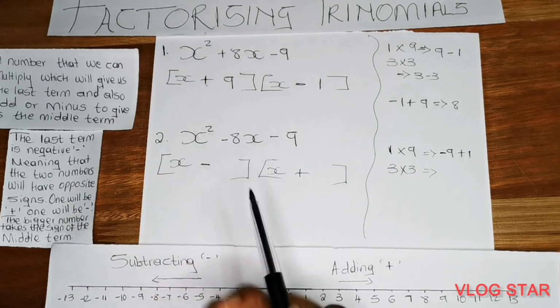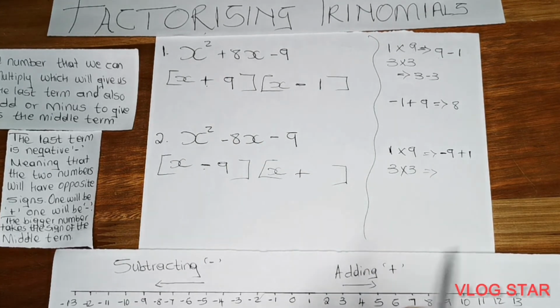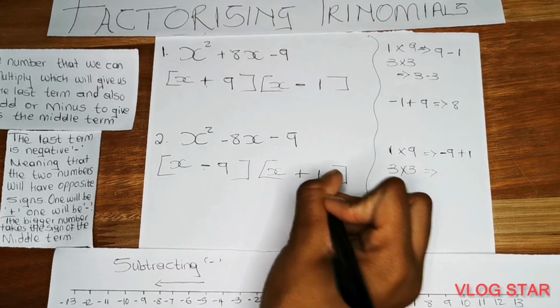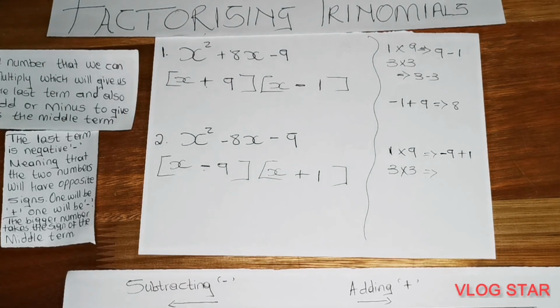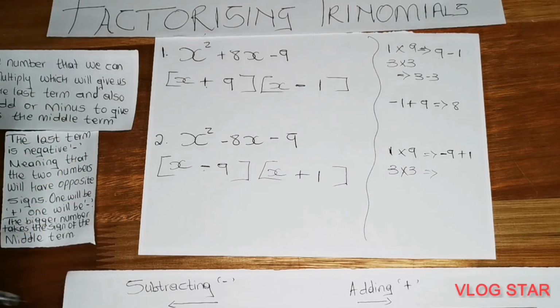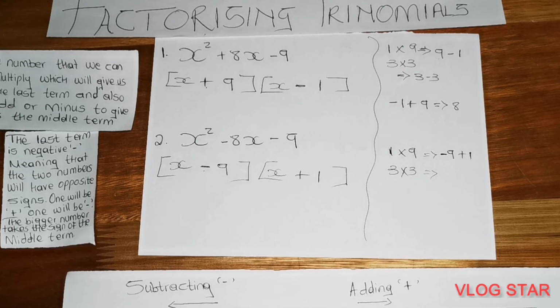It is negative, meaning that 9 will take the negative sign, meaning that we're going to put our 1 in the second bracket, it taking the positive sign. I really hope you understood and found this video helpful. So we are done with factorizing with these 3 types.